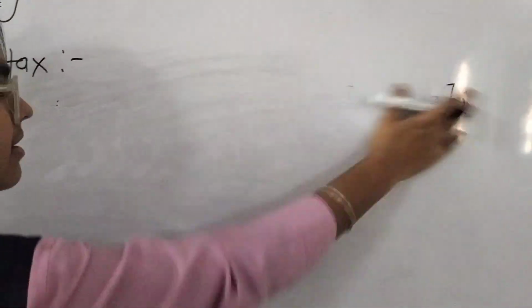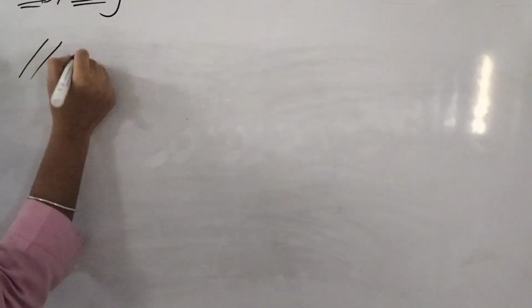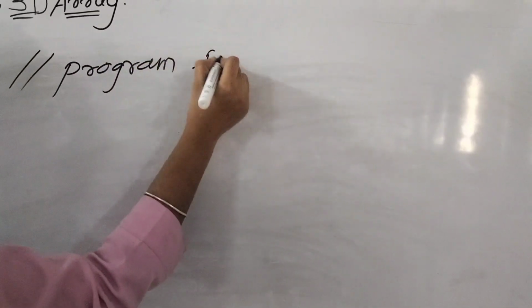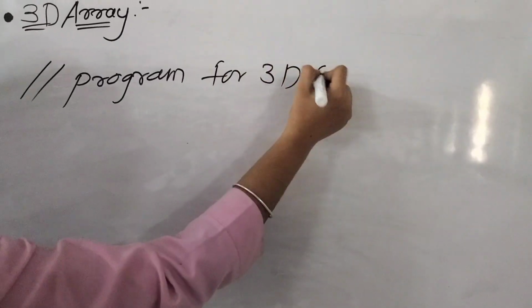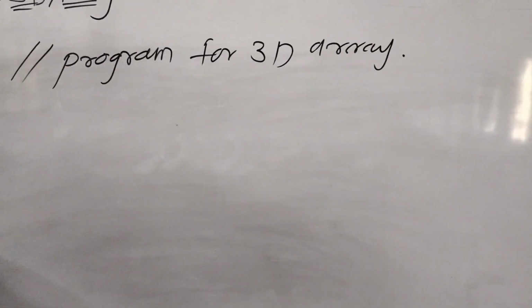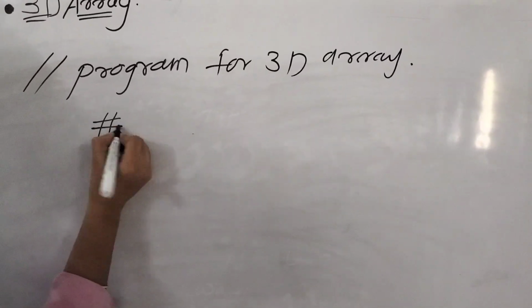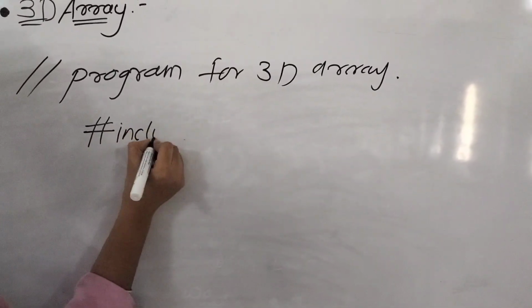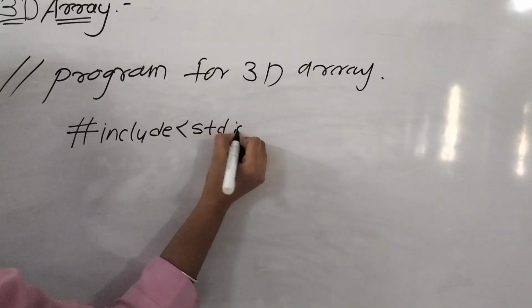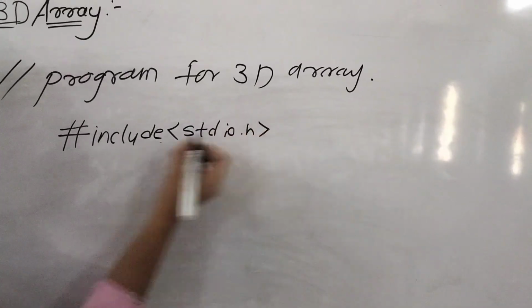So let's see one simple example, a simple program for a 3D array. First of all, write hash include stdio.h.